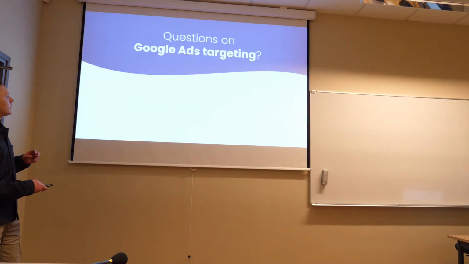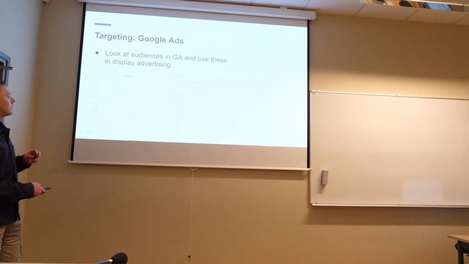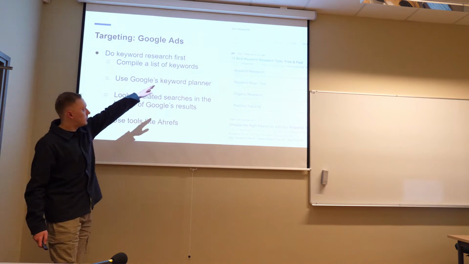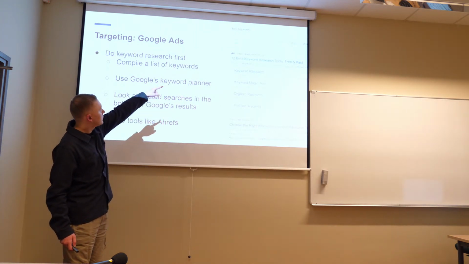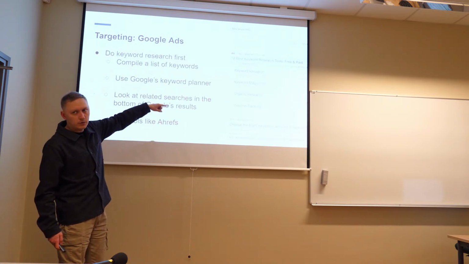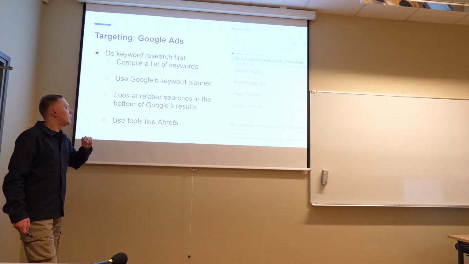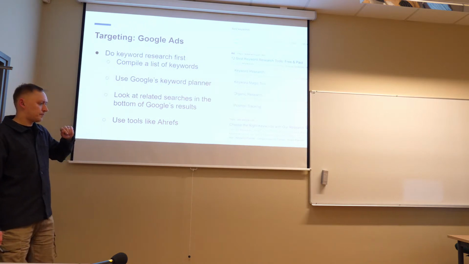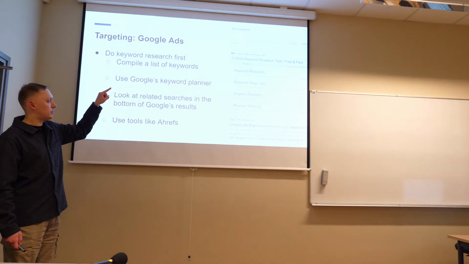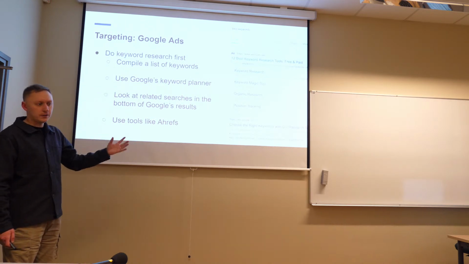Let me go back first. Too far back. So yeah, we see here two of the positions. So let's say if you use target impression share, then you can determine that you want to be in the first position, and then you can enter the percentage.